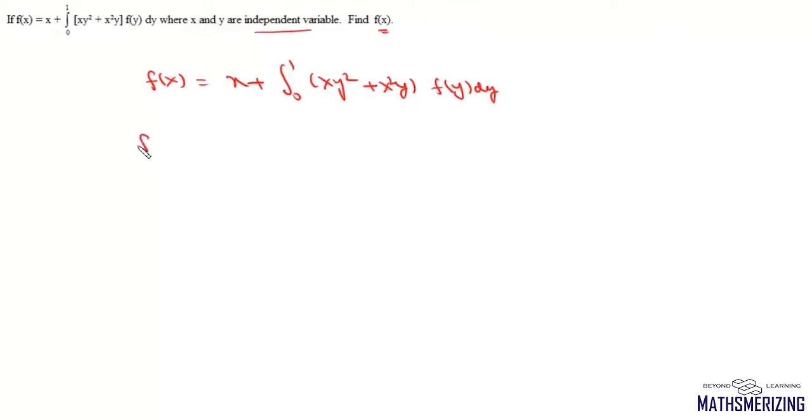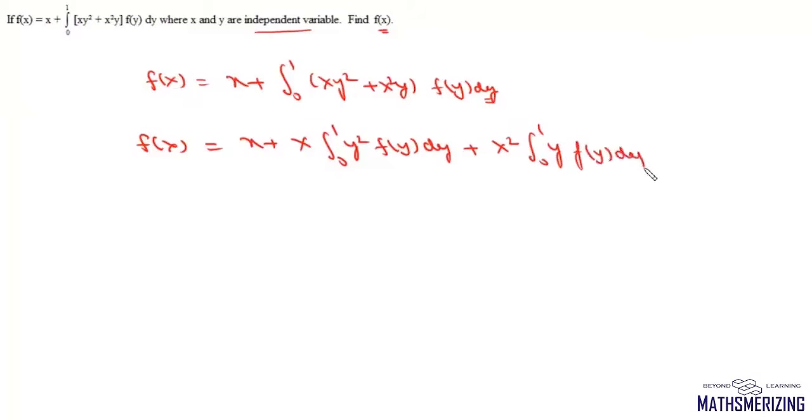Now what we'll do is we'll write this as f(x) equals x plus, now here the variable of integration is y, so we can write x times the integral from 0 to 1 of y² f(y) dy, and then plus x² times the integral from 0 to 1 of y f(y) dy. Now this is a simple definite integral with no parameter, so its value will be some constant, say a, and the value of this integral, suppose say b.